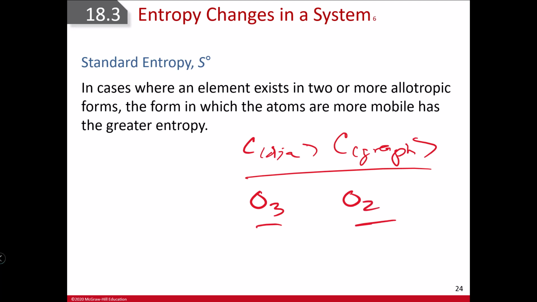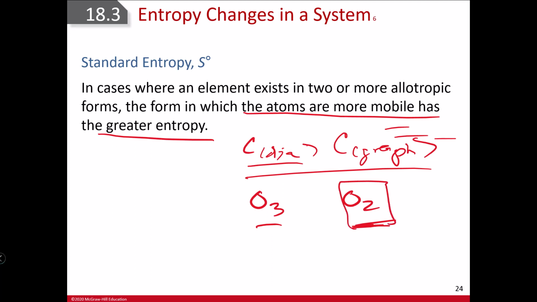It's still oxygen, but they're different forms. And it says the form in which the atoms are more mobile has the greatest entropy. So diamond is a lot more fixed. You know what a diamond looks like versus the graphite in your pencil with those basal planes of graphite. This is more fixed. Because this only has two atoms, less rotations than this. We just saw that on the previous slide. Ozone's going to have more entropy there, greater entropy.